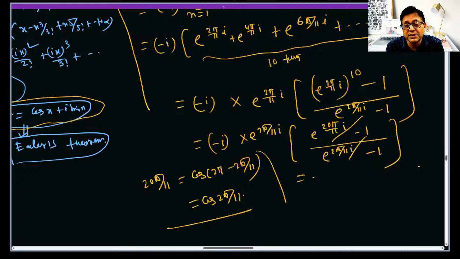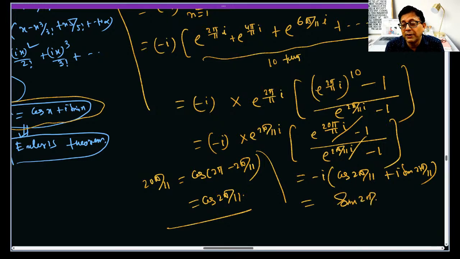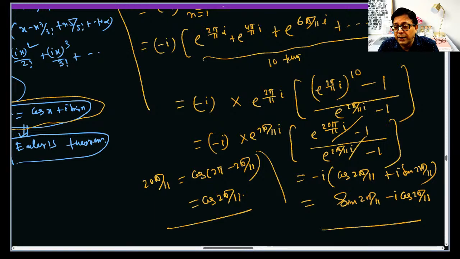So the answer will be this, plus i sin 2π/11. If you multiply by i, you get sin 2π/11 minus i cos 2π/11. Is that clear?